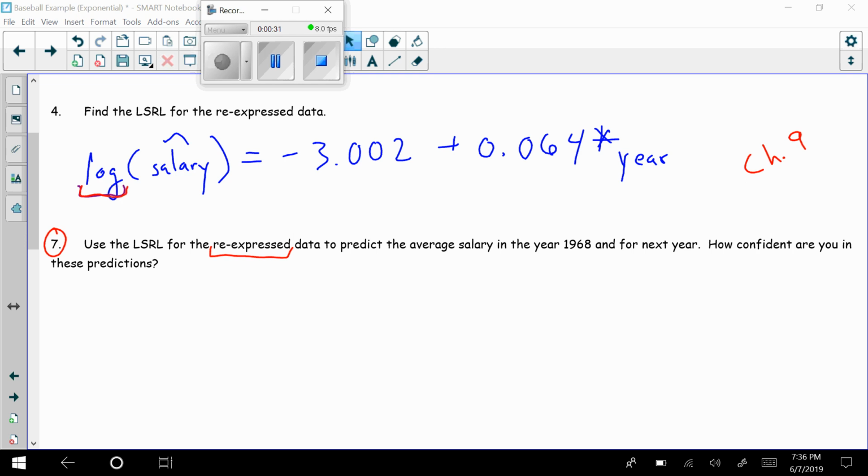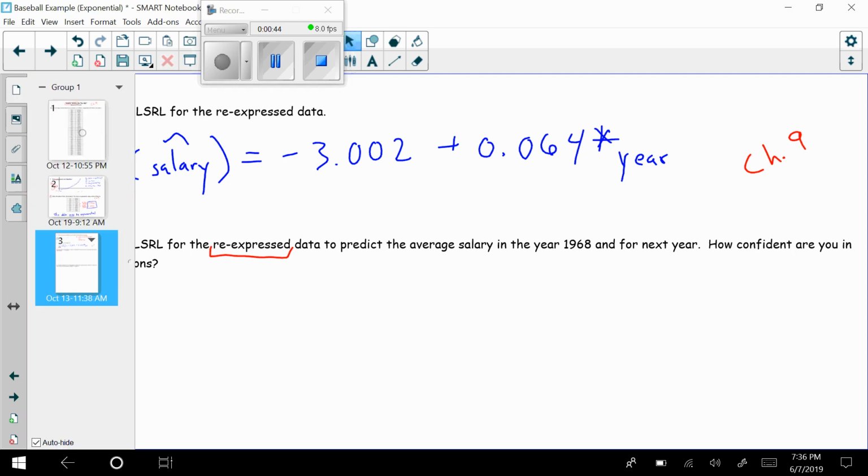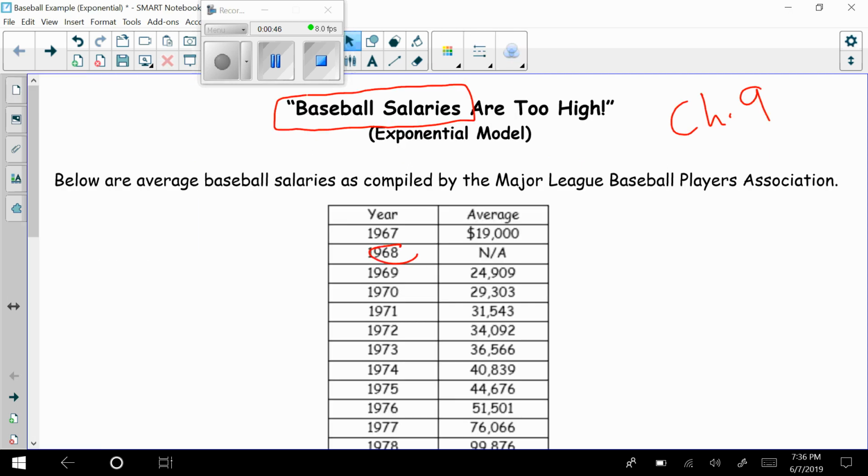And I want to use that to predict the average salary in the year that was missing. It's important for you to remember that there was a year that was missing here. If I go back to the original data, this 1968, it's missing, right? That thing's missing.